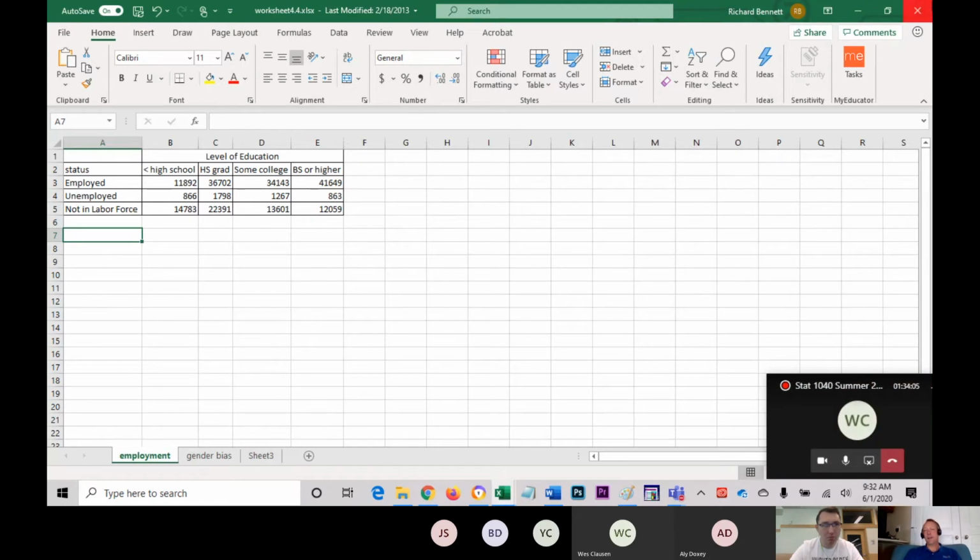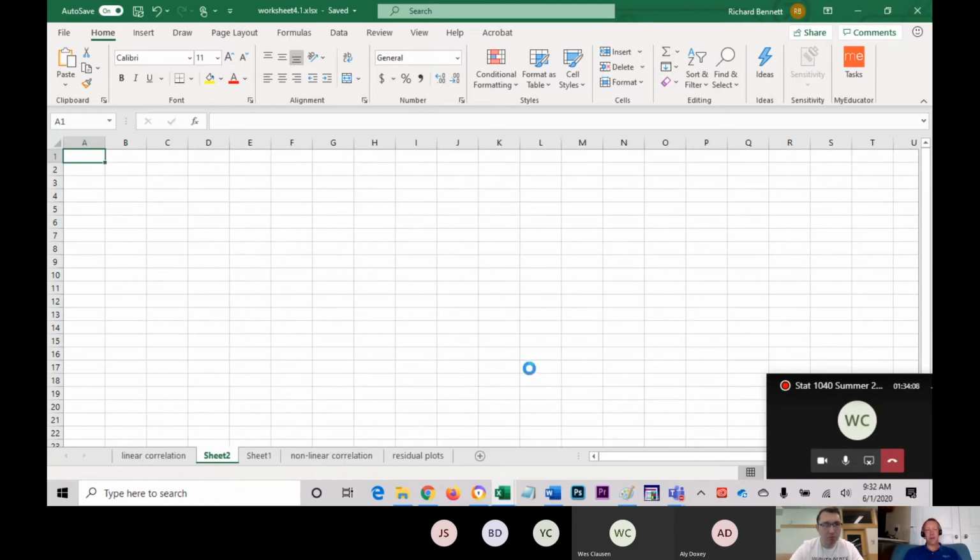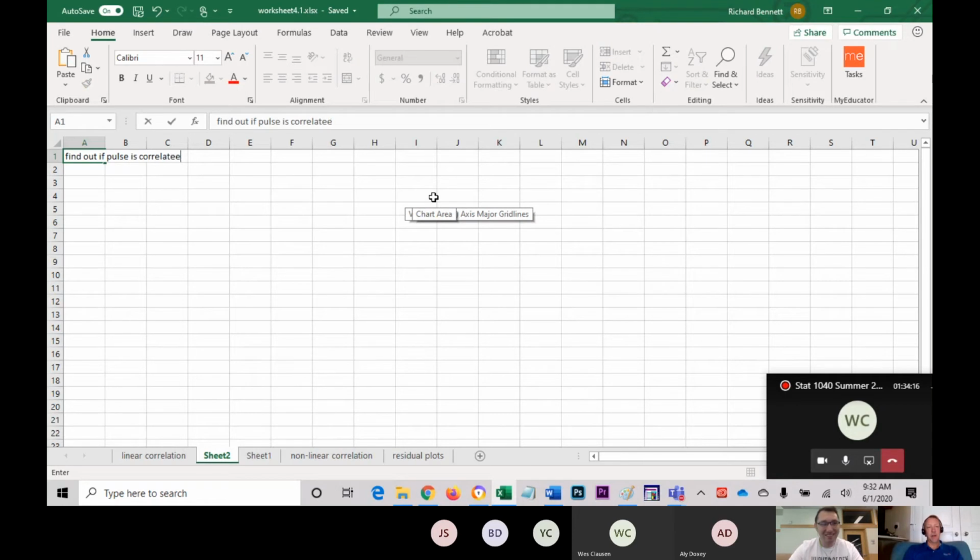Oh, here we go. I got an idea. This is what we'll do. We're going to do a quick experiment, and we're going to find out if pulse is correlated with height.